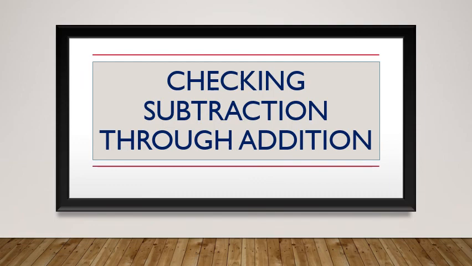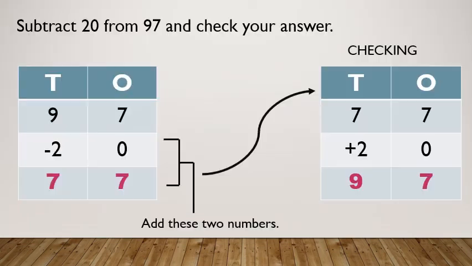Checking subtraction through addition. This is a very simple method by which you can check whether you did subtraction of numbers correctly or not. Now let's take one example. 97 minus 20 and the difference will be 77.